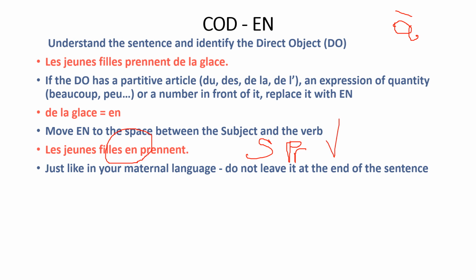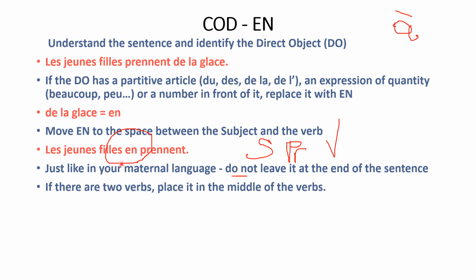The normal sentence, it is subject, verb, object. But when you replace the object with a pronoun, it becomes subject, pronoun, verb. Keep that in your mind. So this is just like your maternal language. You do not leave the pronoun at the end of the sentence. You have to shift it to this area in front of your verb.